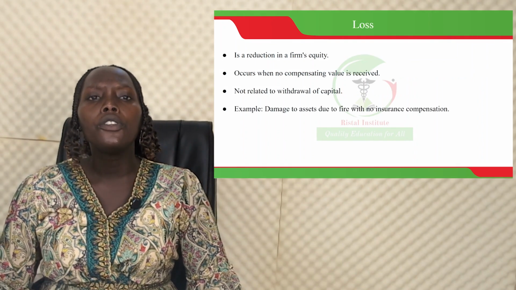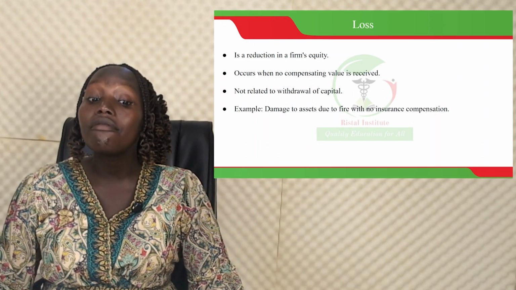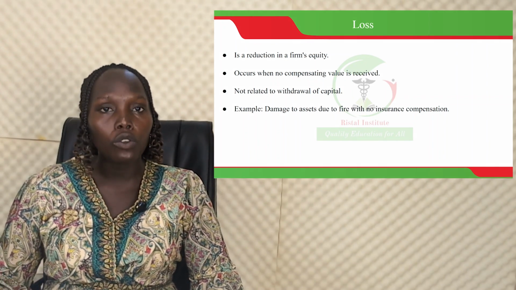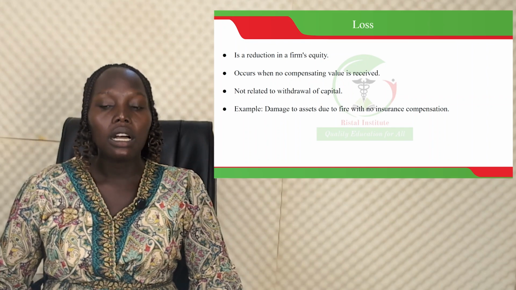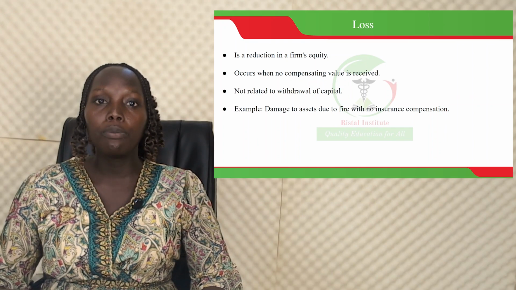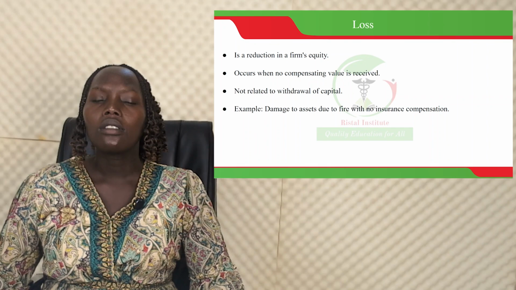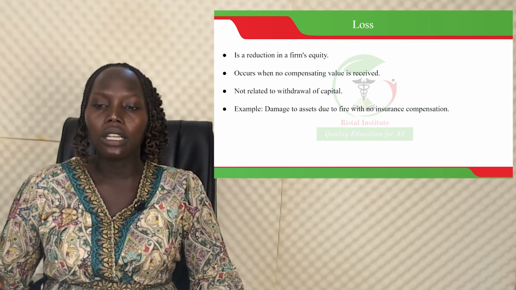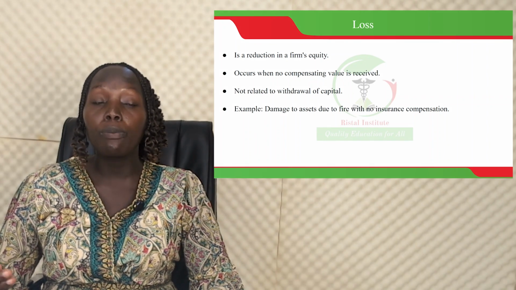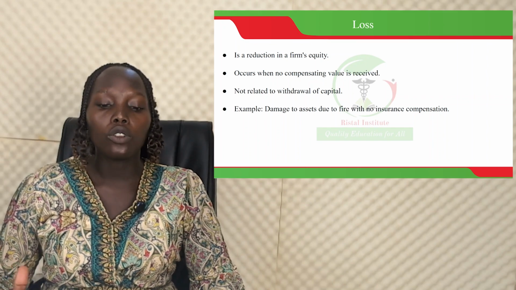And then we have loss. A loss is a reduction in the firm's equity. For instance, if you put in 2,000 as your capital when you are starting, and by the end of the month you are spending more than what you put in, it means that your business is making a loss.